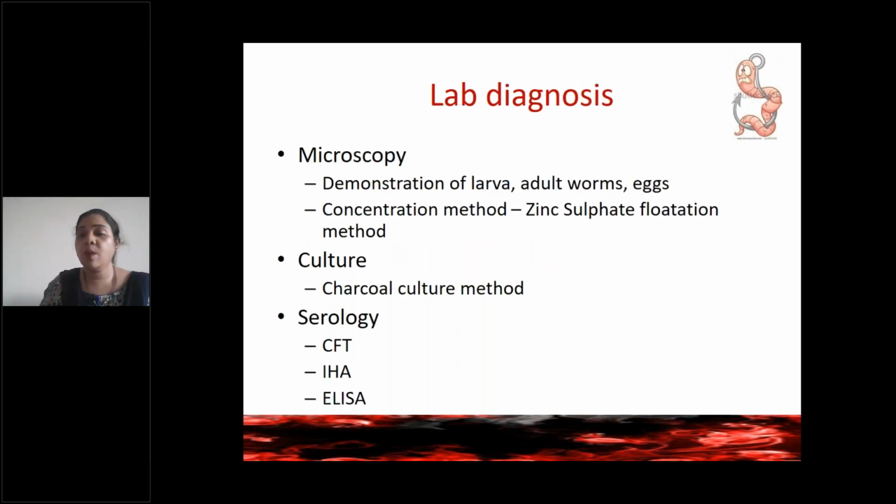Next, lab diagnosis. What is lab diagnosis? You see for the presence of adult worms. Demonstrate the presence of larvae, adult worms, or eggs. Concentration methods such as the zinc sulfate flotation method can also be used. Culture: charcoal culture method.